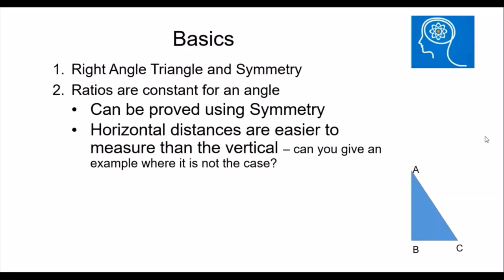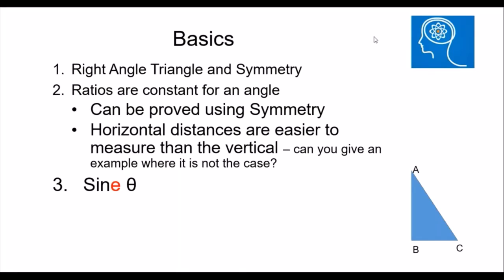So what are the different ratios? Here is a right angle triangle in front of you. Sine theta. Can somebody tell me the definition of sine theta? Opposite side upon hypotenuse. So in this particular case, which is the opposite side and which is the hypotenuse?